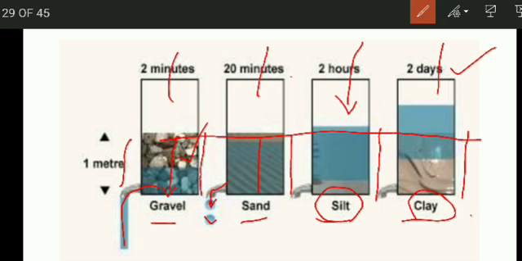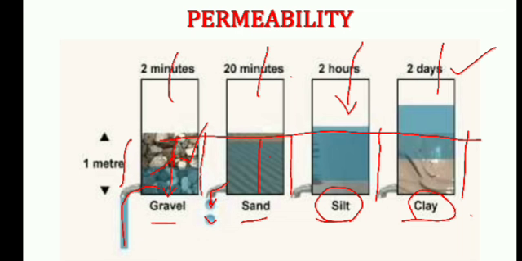This is how the grain size affects the permeability of the material. I hope you have understood what is meant by permeability. If the pores are interconnected, the water can pass through easily. That is called the permeability of the material.